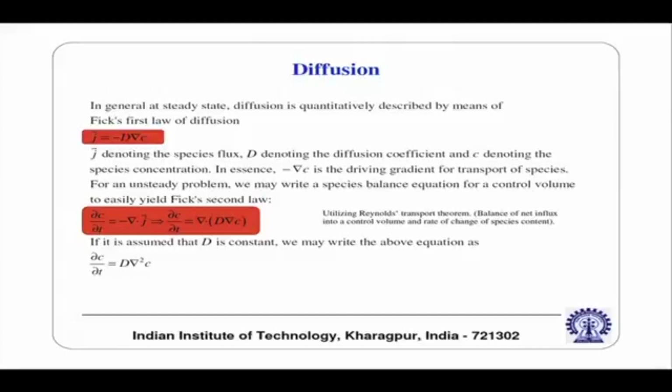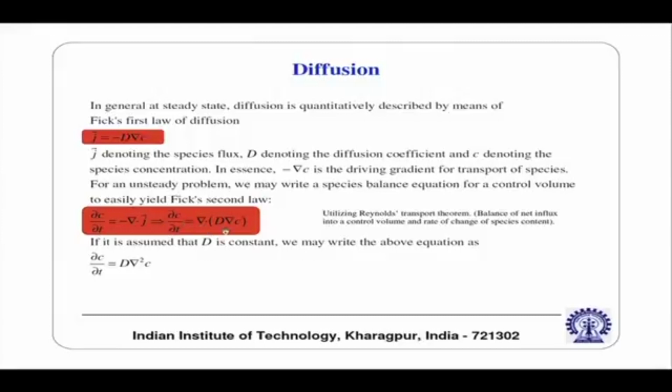A charged species subjected to an electric field will be subjected to an additional flux known as electromigration flux, but we have just considered here the diffusion flux, no advection, no electromigration. So, this is pure diffusion.